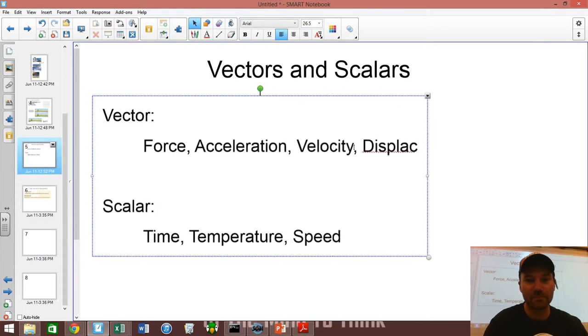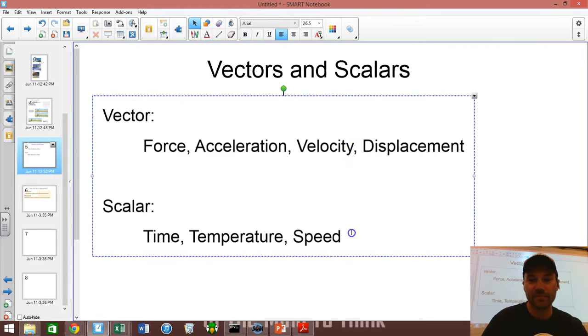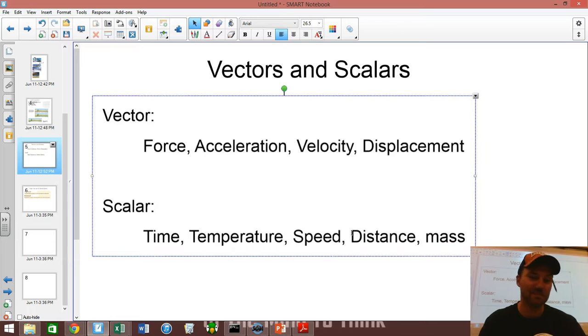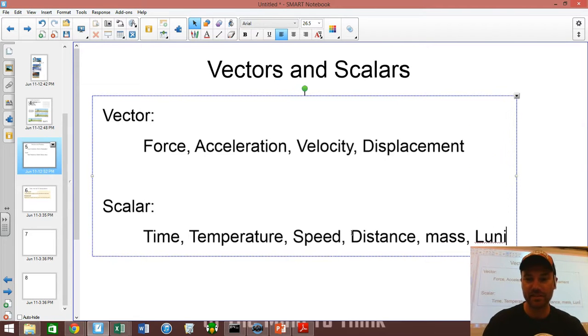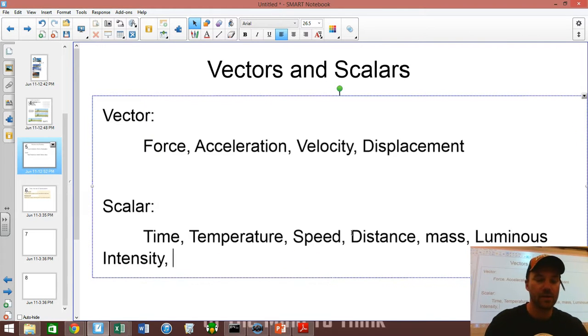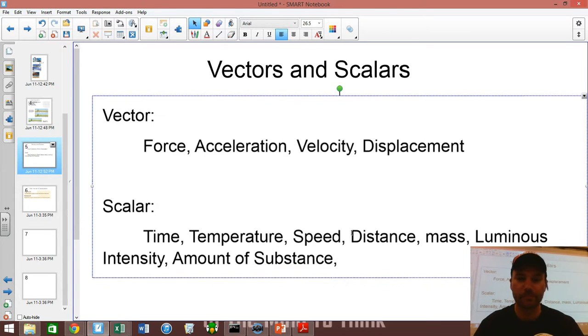Displacement. Distance. Mass. Luminous intensity. Amount of substance. Current.